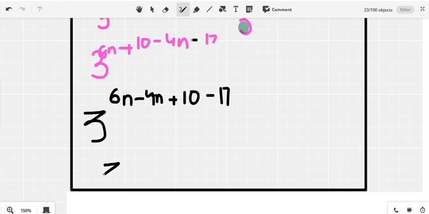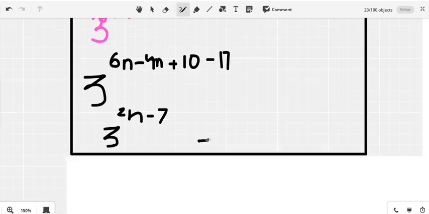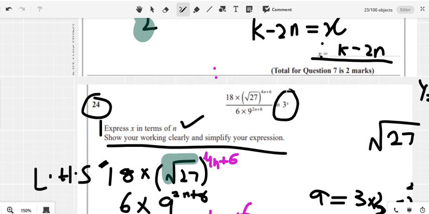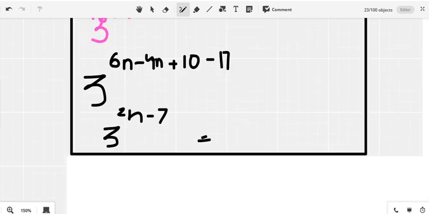So 3 to the power of 6 minus 4, which is 2n, and 10 minus 17 is minus 7, equals to, now right hand side that's given to us in the question was 3 to the power of x.